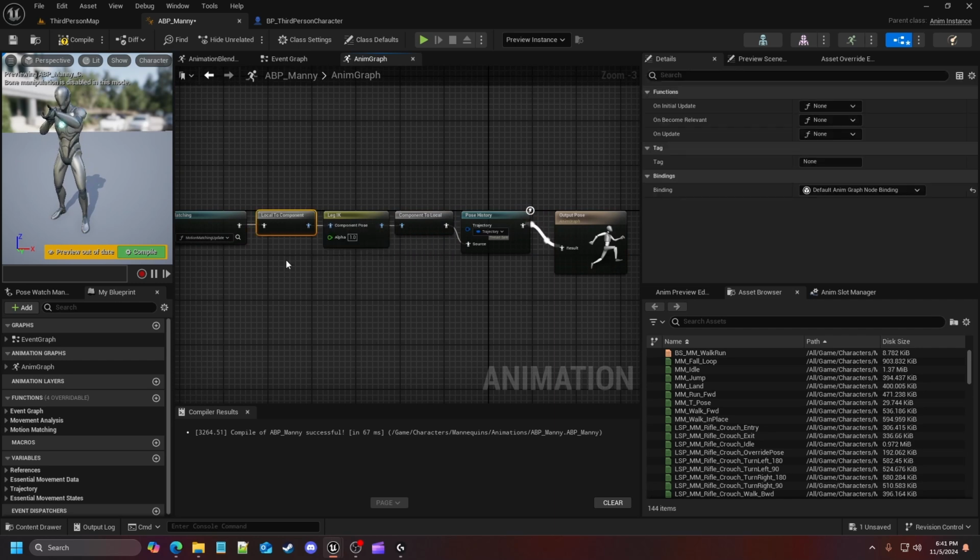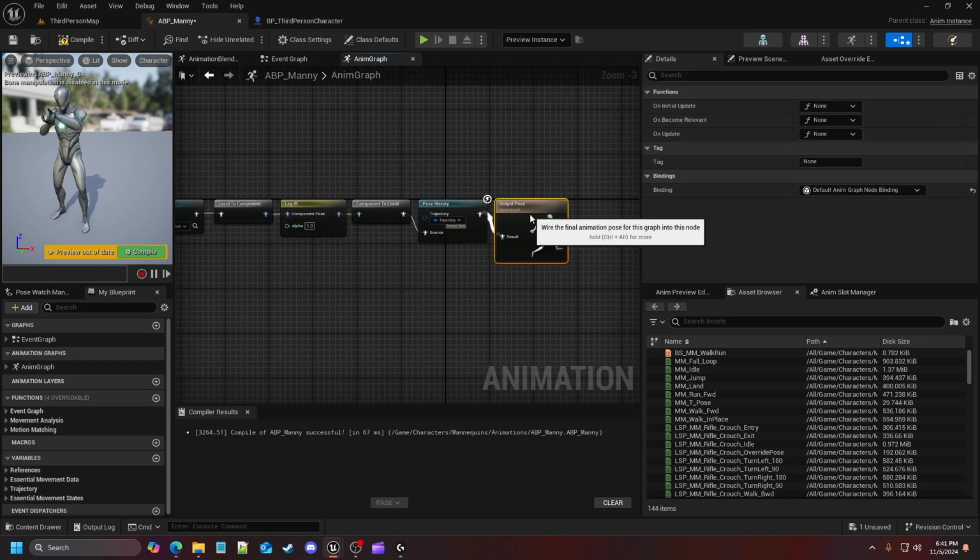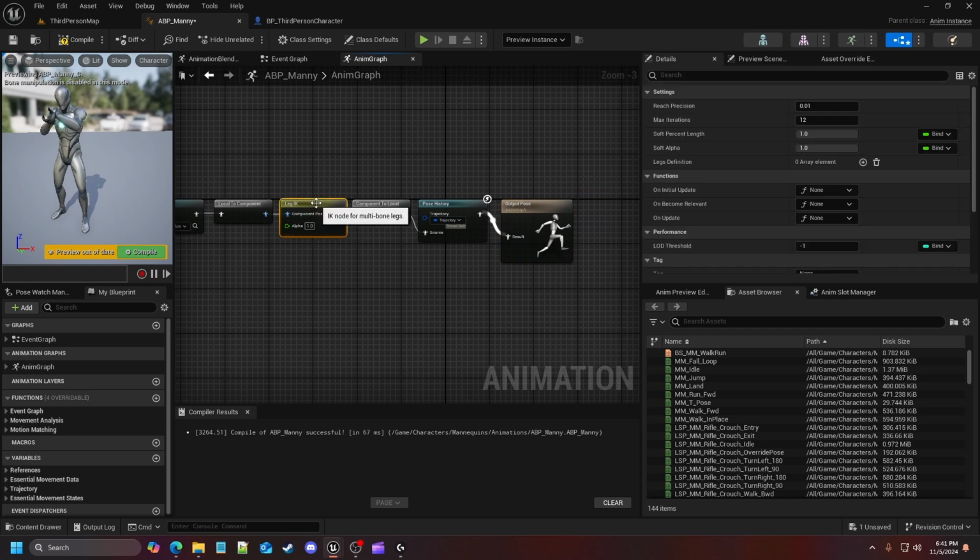Just like that. So now with our leg IK, overall what it's doing is using inverse kinematics, a technique in computer animation which allows for realistic positioning of our character's legs.